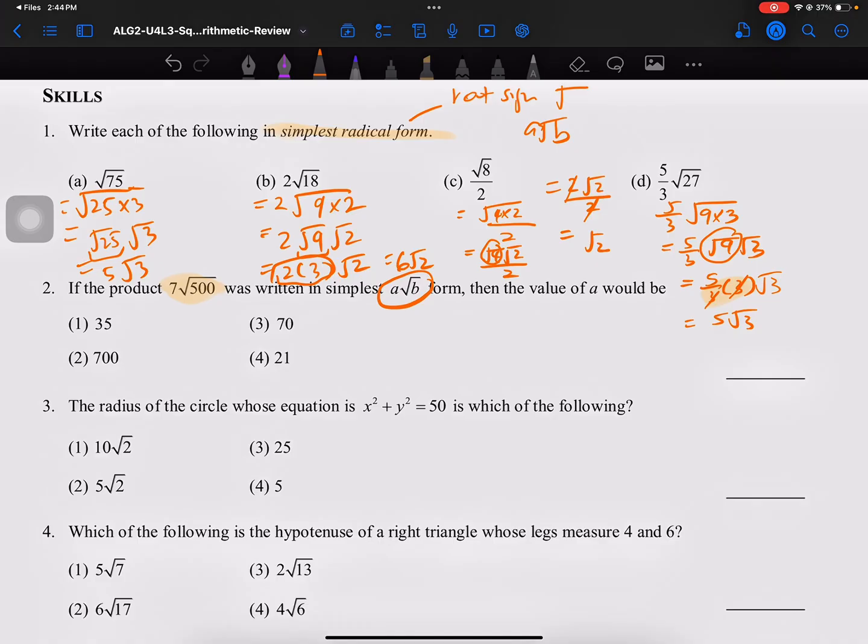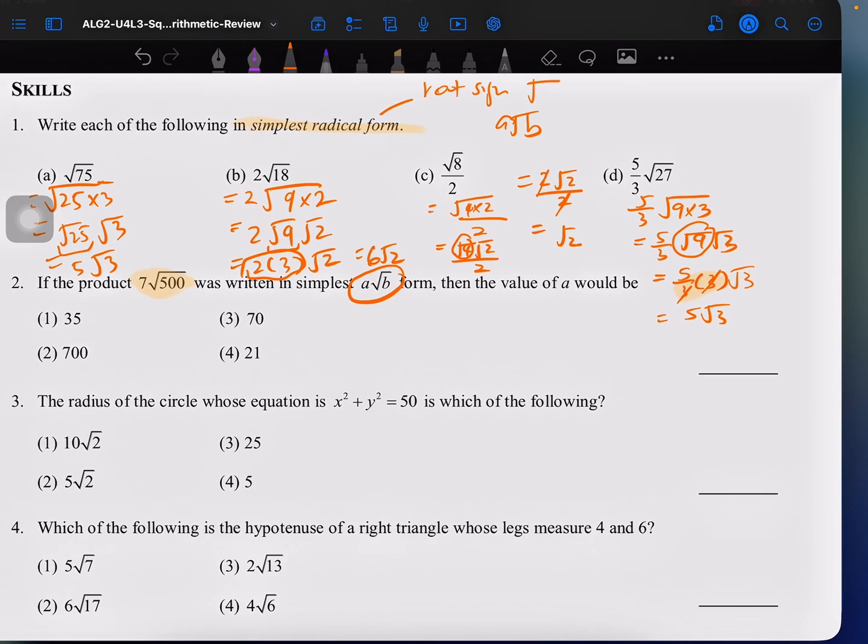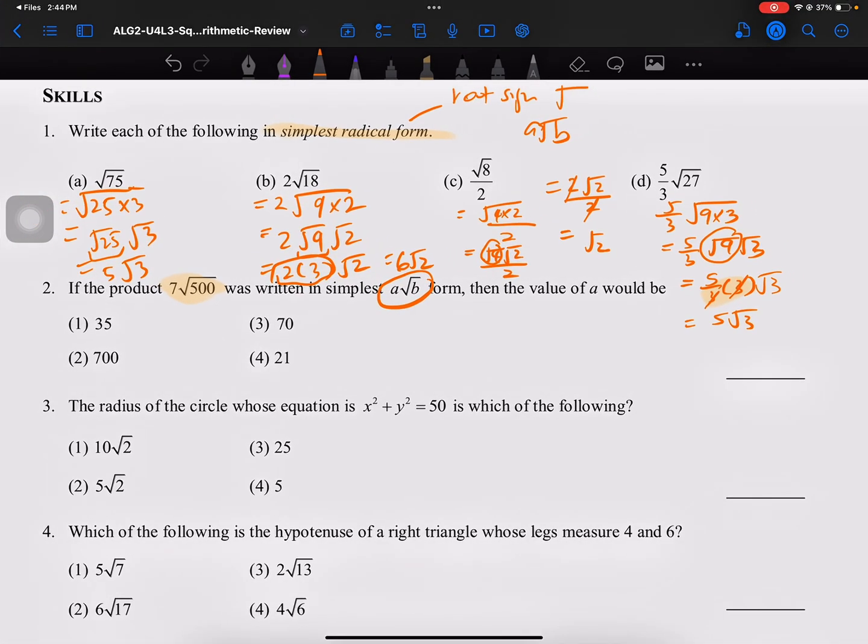So first simplify the radical √500. Look for a big perfect square inside 500. So we will have 7√500. We change the radical to 100 times 5, which is 7√100√5. Then √100 is 10. So 7 × 10√5.